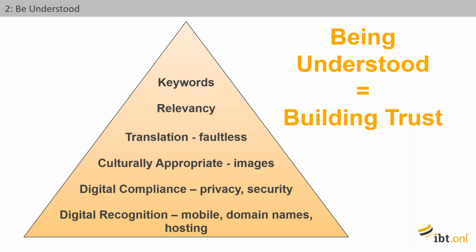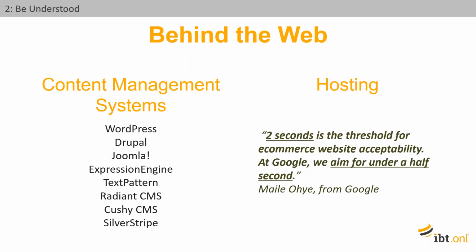Let's look now at some of the core ones that perhaps we find often get a little bit ignored when you're thinking about it. One of the first things I wanted to mention was something called a content management system. CMSs are software, architecture platforms basically, that websites get built on.